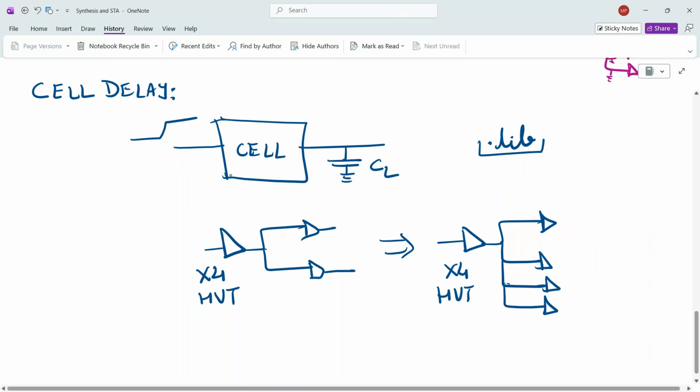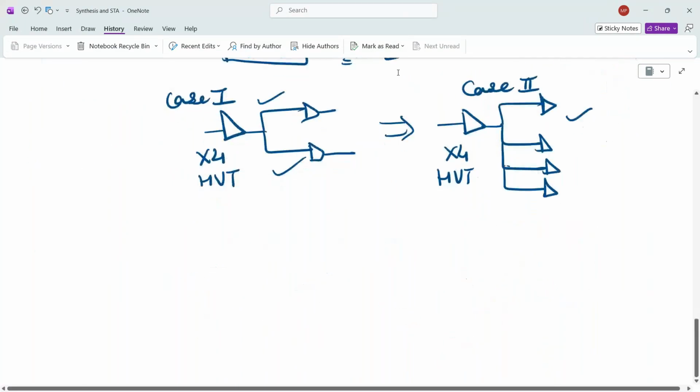But in case 1 and case 2, the delay will come out different. The reason is the fan out, the load that is present. So this is what we should know about cell delay.